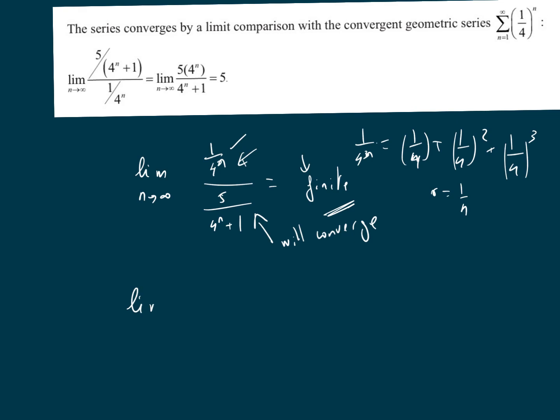So the limit when n goes to infinity of 1 divided by 4 to the n, multiplied by (4 to the n plus 1) divided by 5. What is this limit? It can be solved by dividing numerator and denominator by 4 to the n.